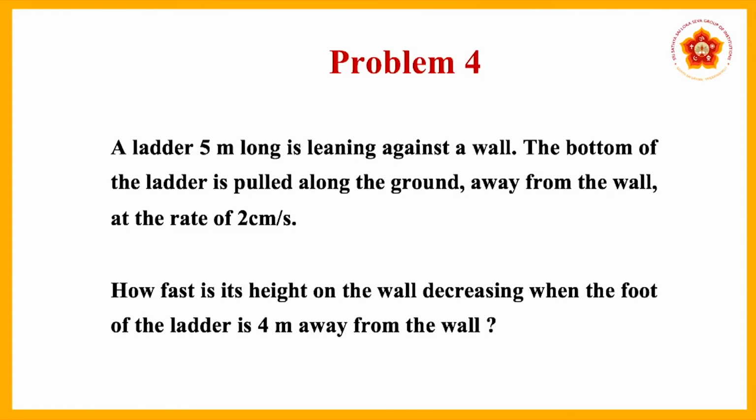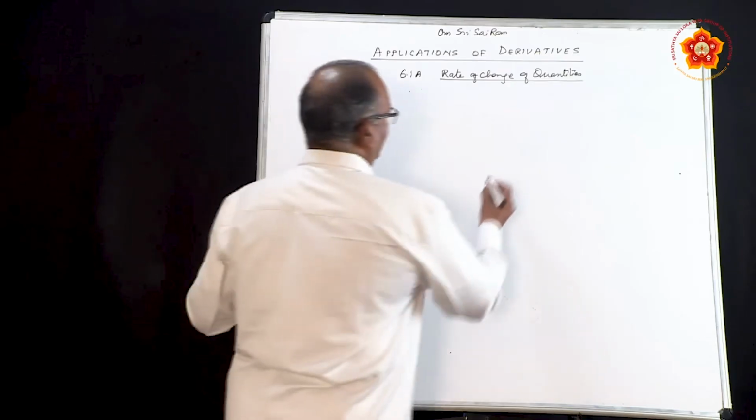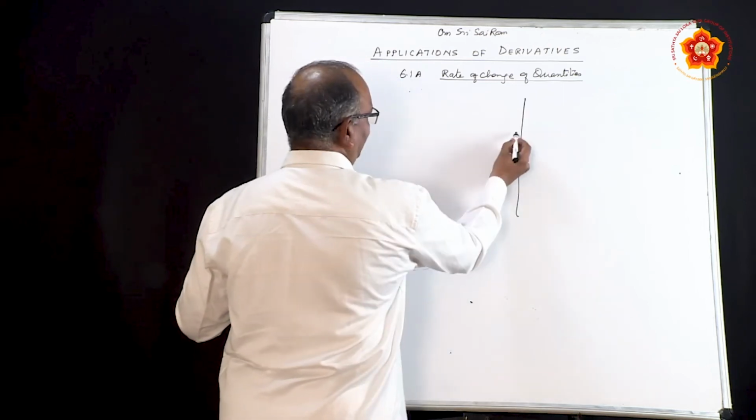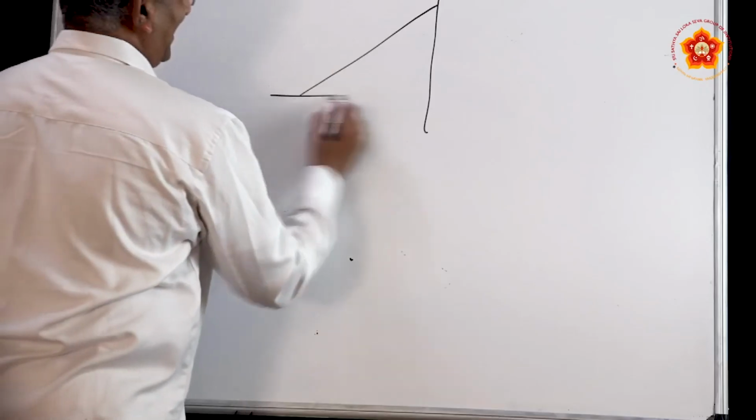The problem says a ladder which is 5 meters long is leaning against a wall. The bottom of the ladder is being pulled away on the ground, away from the wall, at the rate of 2 centimeters per second. Just imagine that this is a wall, and let us say here is a ladder.